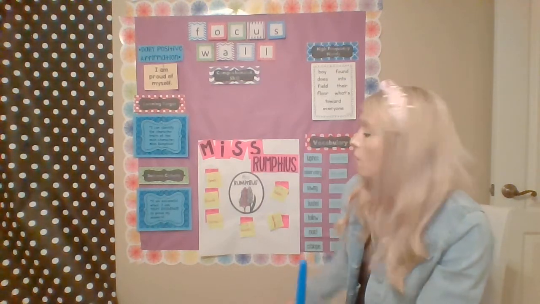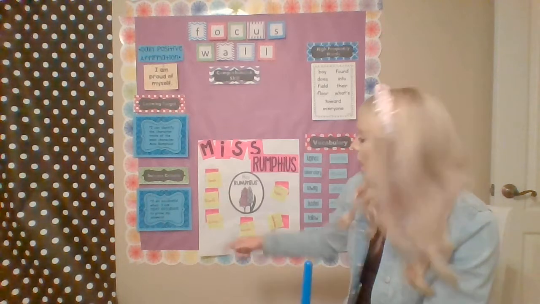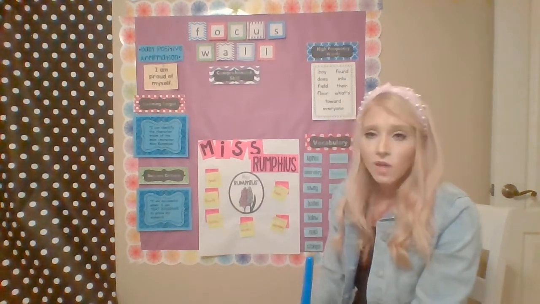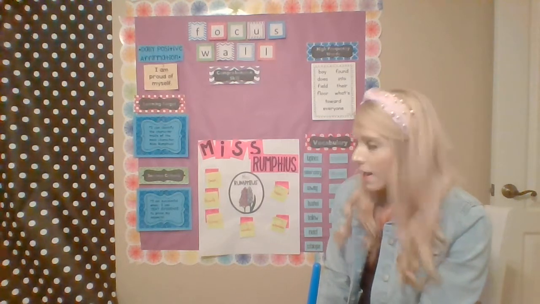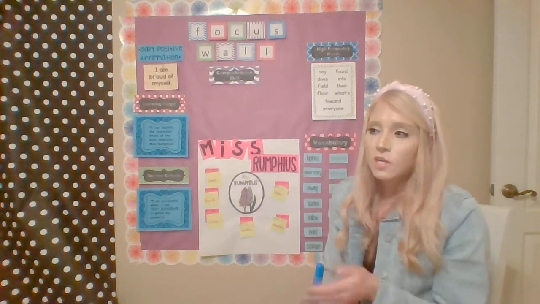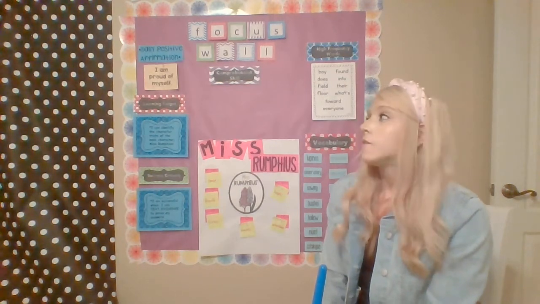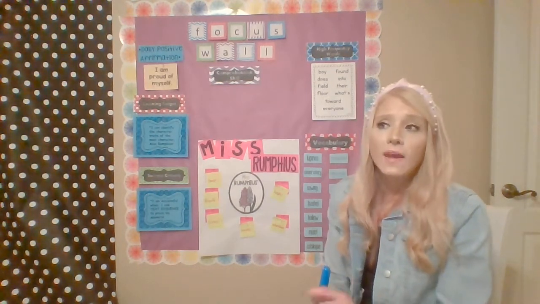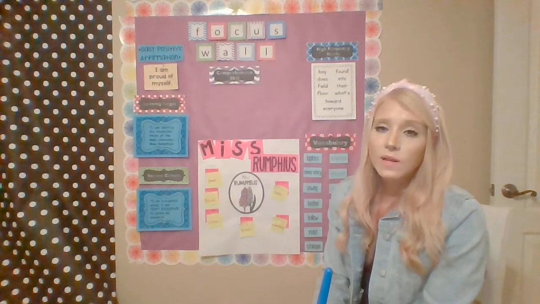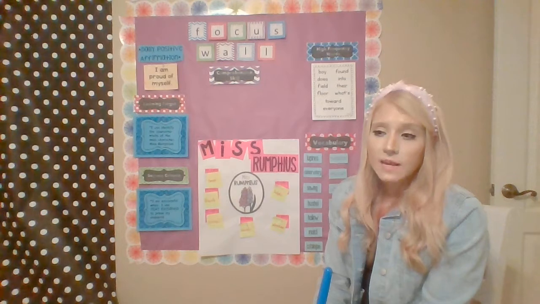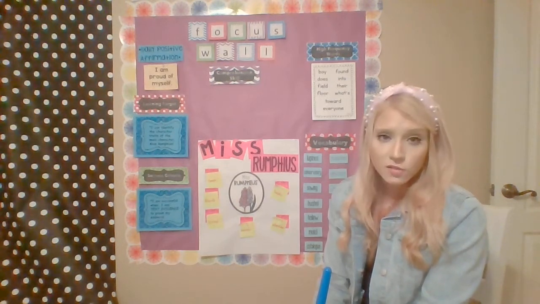So did you notice for every character trait I found, I backed it up and talked about why. Why did I pick that? I said, well, because she did this, this, and this. That's my text evidence, okay? So if you need to, you can go back and replay the story and re-listen to it to find your text evidence or to just get more ideas and to see the pictures too.